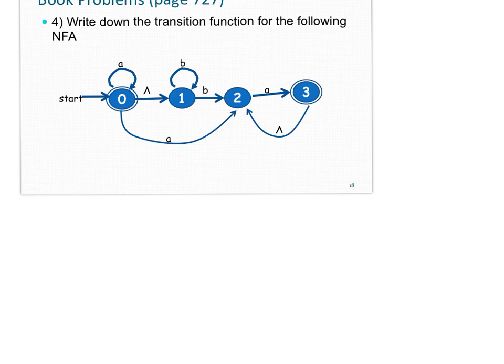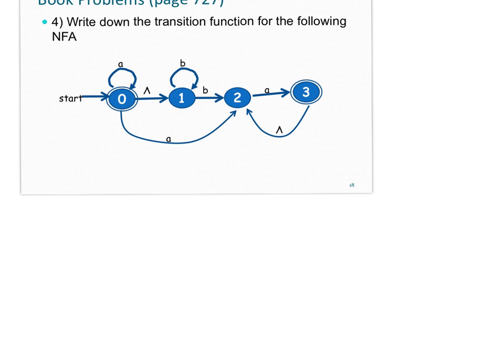So if we are at state 0 and we see an A, it looks like I can go to state 0 or go to state 2. If I'm at state 0 and I see a B, there are no transitions from there, so empty set. And state 0 on a lambda can take me to state 1, so I put that in curly braces, right?